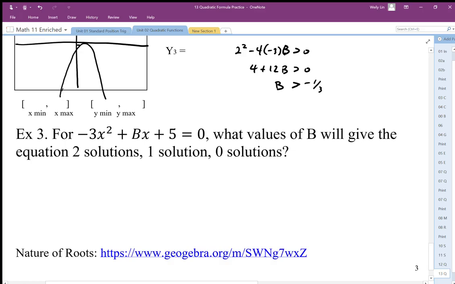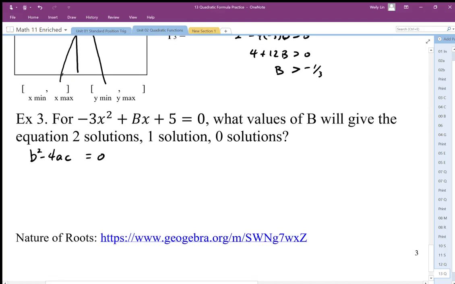Since the boundary is the one solution where b squared minus 4ac is equal to 0, we can just solve that, and then change our inequality. In this case, the b value is going to be in the b position.